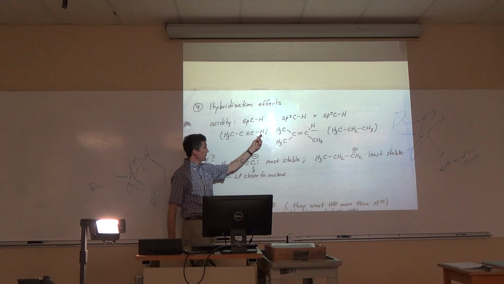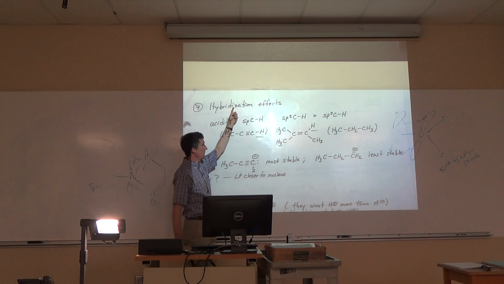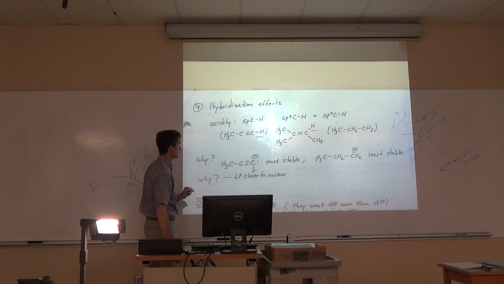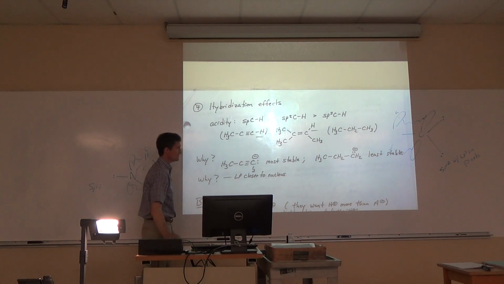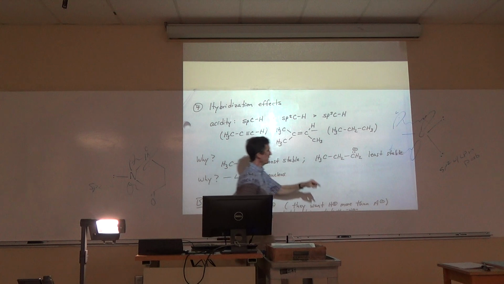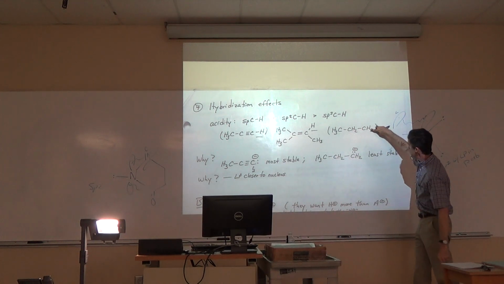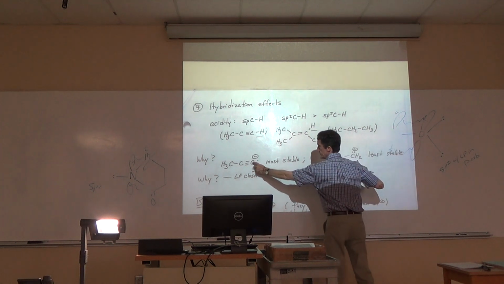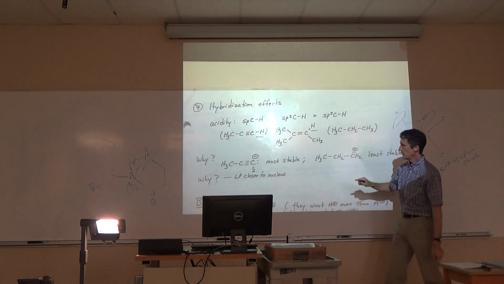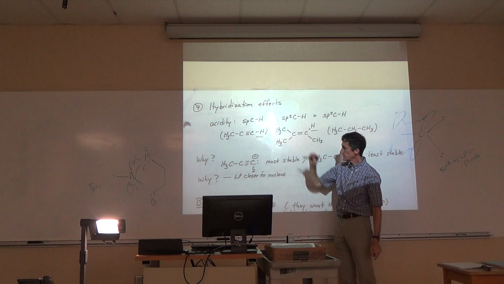What makes this H more acidic? Hybridization effect. What do we mean? We want to look at the conjugate bases. The conjugate base of this, if this acted as an acid, would be this. This is more stable than this. Why? Hybridization effect.